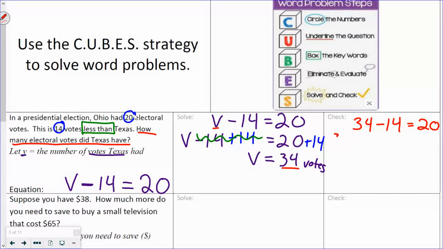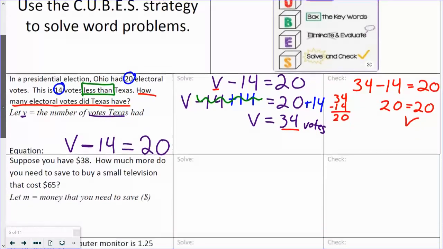If I did this vertically and I took my 34 minus 14, I do get 20. You can't always just assume you did it correct the first time and that your answer is always going to be correct. We're humans, we make mistakes. We need to check our solutions so that we know that we are indeed correct, because if not, we have a chance to then go back and fix it and learn from that mistake.